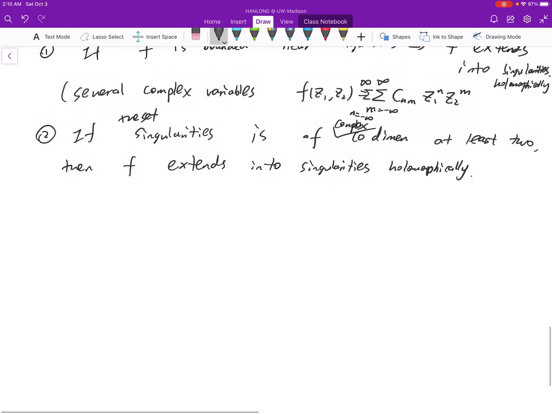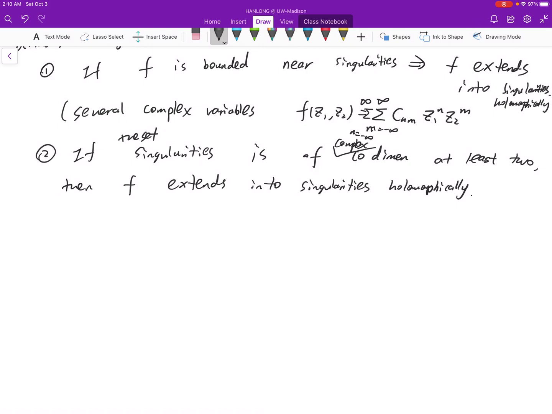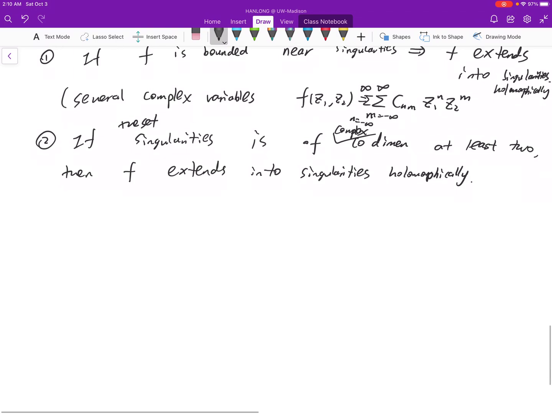Notice that in the one-dimensional case, the codimension cannot be at least 2 because you only have one dimension. In higher dimension, this phenomenon is new. You can extend without any assumption on the boundedness.